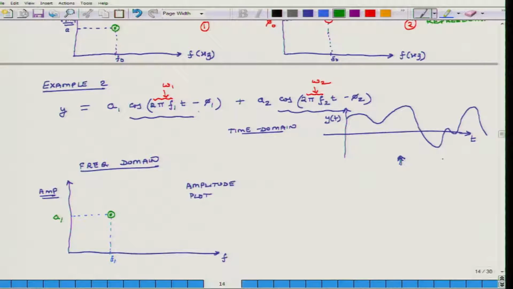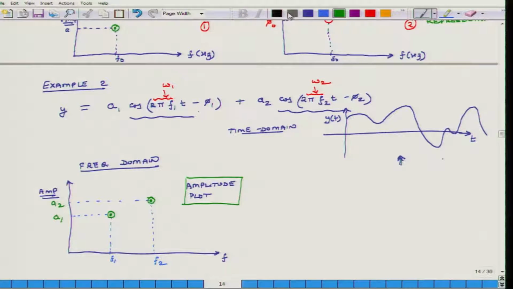And what is the amplitude associated with frequency f2? It is A2, okay. So, let us say this is f2. So, the amplitude associated with frequency f2 is A2 and this is a point. So, this is the amplitude plot of the signal.